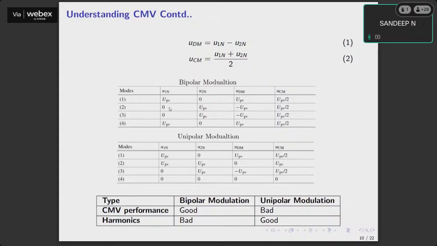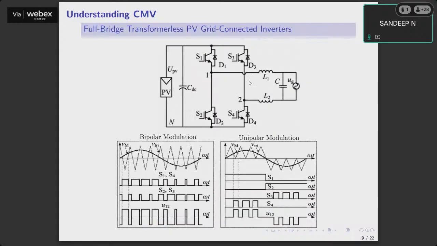Then you have another mode, 0 and UPV, where the differential is minus UPV, and then you have minus UPV and UPV. For the same UPV, you have two switching states. What does that mean? You have two levels, because in one case the current would be going out, or the current would be coming in.